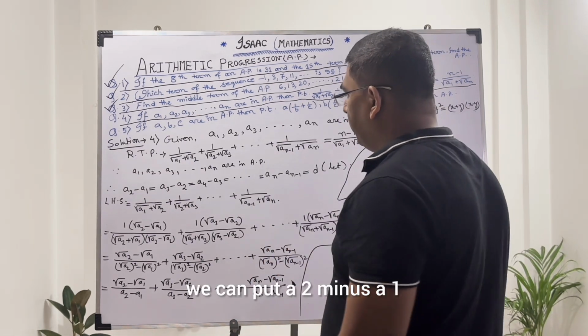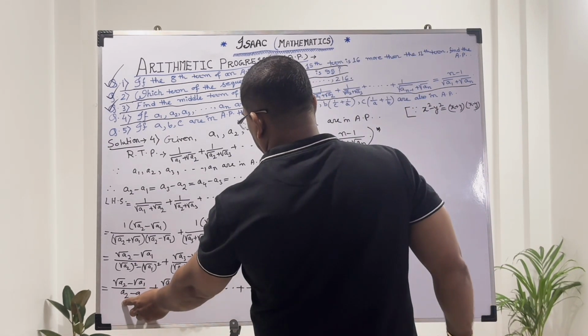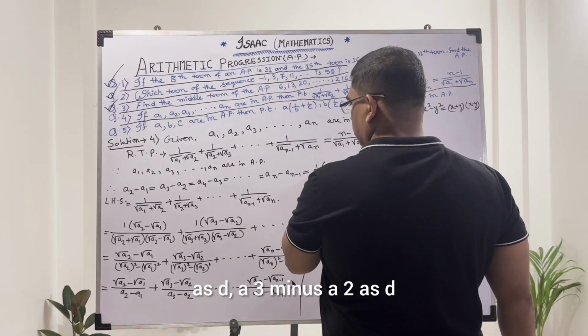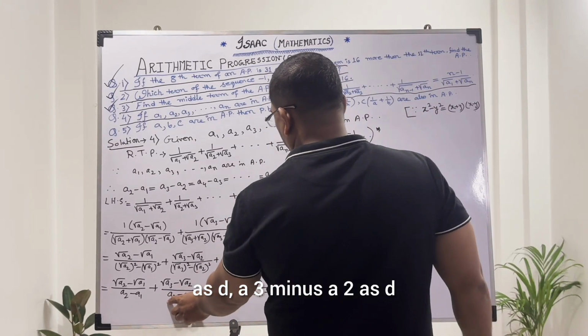Now we can put A2 minus A1 as d, A3 minus A2 as d.